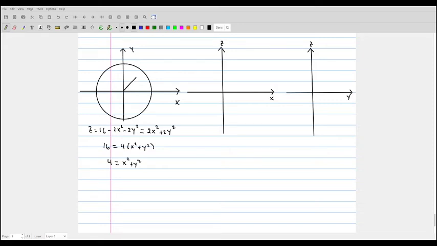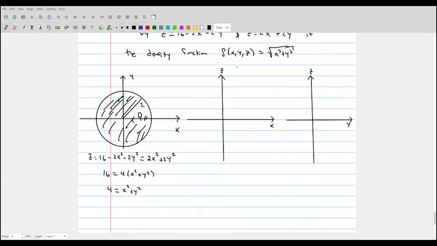And this is going to be a very important region for us. We'll call this the domain D. And we'll call the circle as a radius of 2 here. And we also then have the traces along each of the other axes.